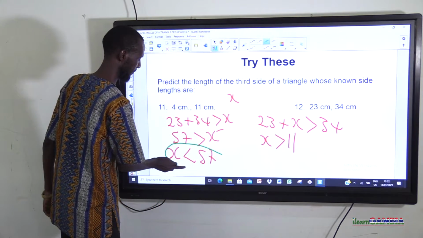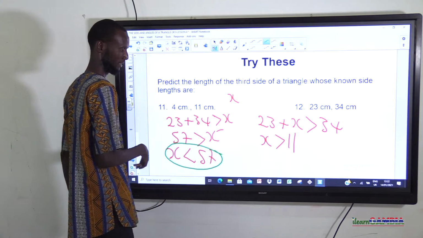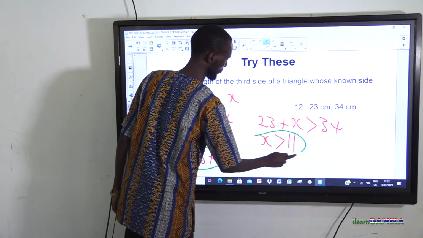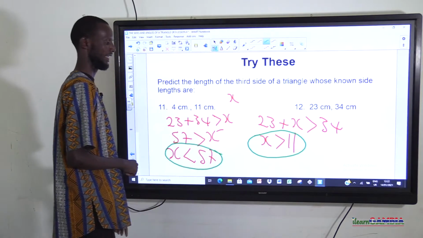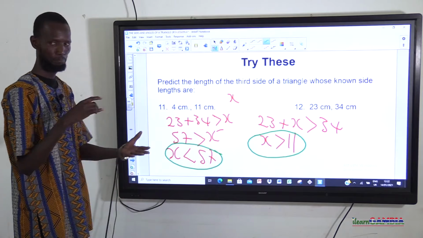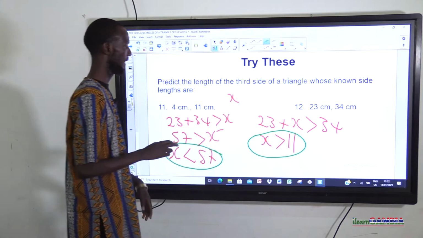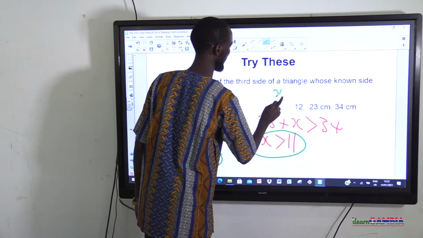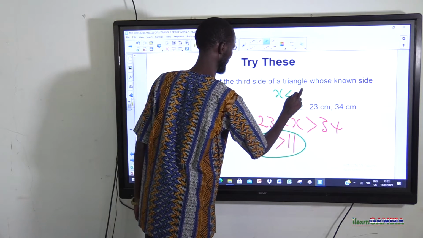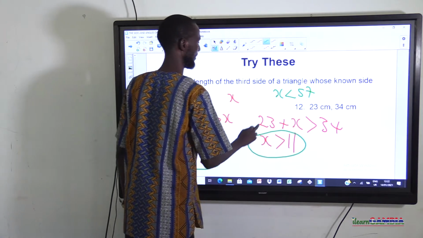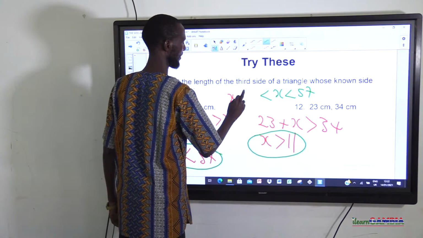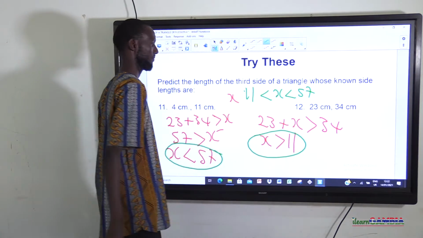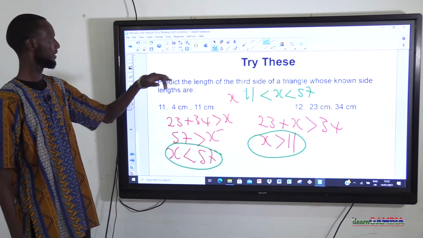The x is less than 57. That's the third side. The same third side is also greater than 11. Put those two together, and you will have the third side less than 57, and the same third side greater than 11. And that gives you the range.